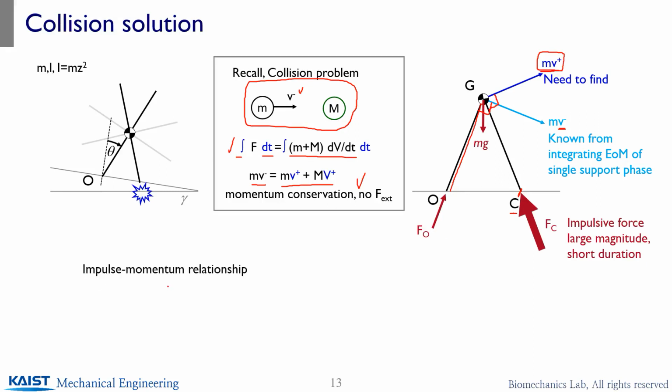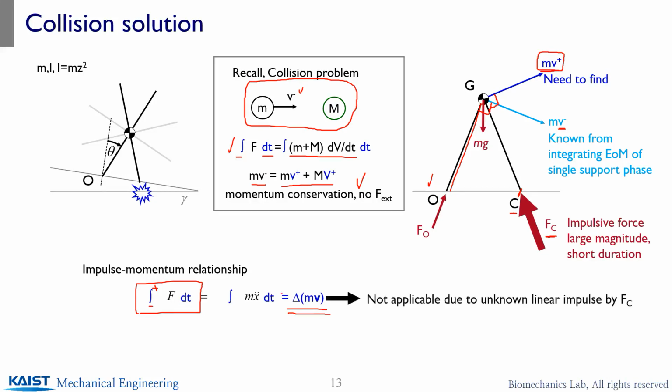So if I apply the impulse-momentum relationship, I can obtain the equations of motion, F equals ma, at this configuration. And if I do the time integral between right before collision and right after collision, I might figure out the after-collision velocity v plus. However, since this FC is very, very large, integrating over a very short amount of time is not negligible.